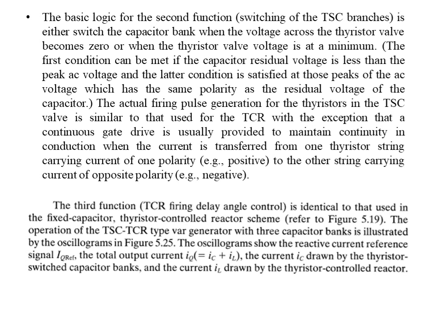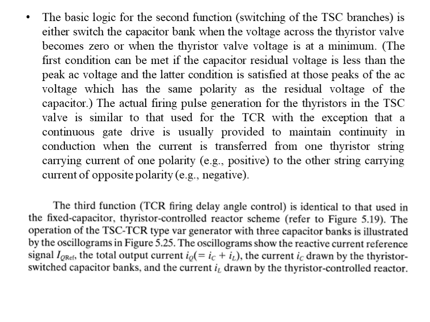The oscillogram shows the reactive current reference, IQ reference. The total output current, IQ, is equal to IC plus IL, where IC is the current drawn by the thyristor switched capacitor bank and IL is the current drawn by the thyristor controlled reactor. So in the case of FC-TCR, the total reference current, IQ reference, was equal to the capacitive current IC plus the inductive current IL.